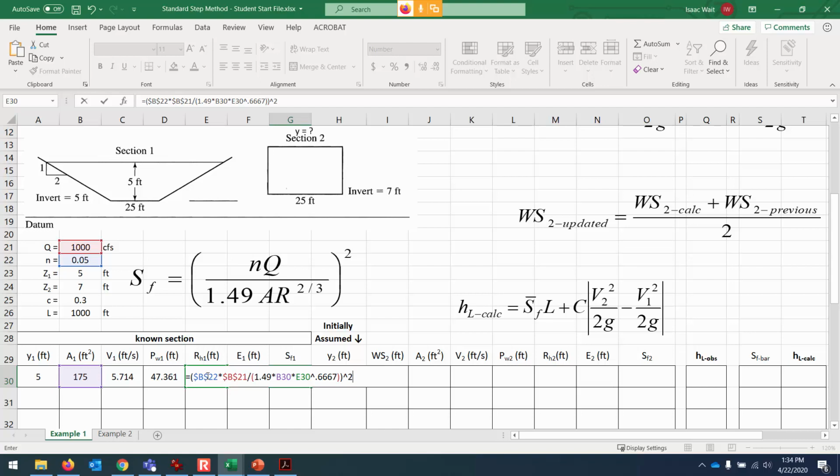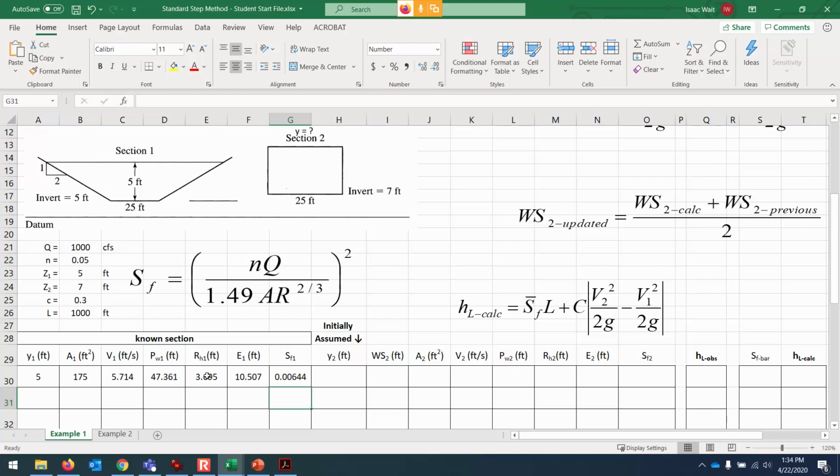So let me pause for a moment, make sure you've got the formula, and what we're looking for is that the slope of the energy grade line at section 1 should be 0.00644.